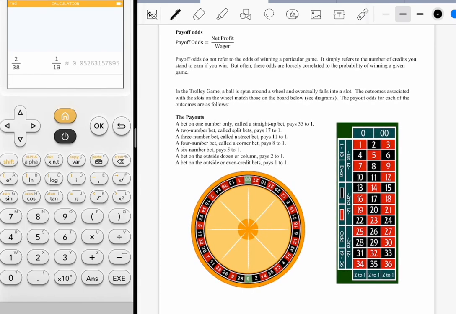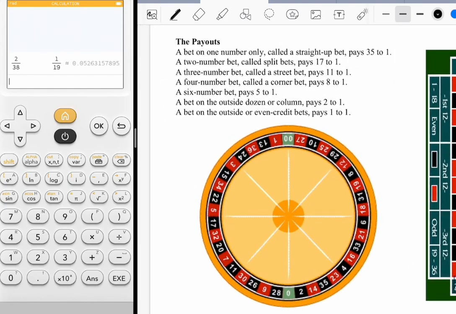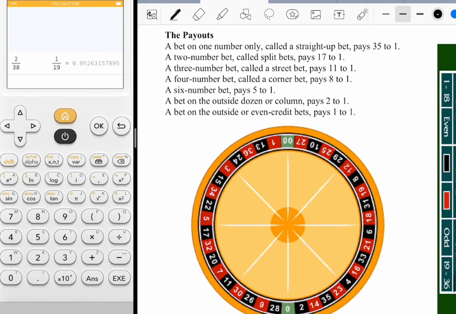But we want to be thinking about, if I'm going to place a wager in the game of roulette, there's a few different ways that I could do it. Let's say in that video I just showed you, that was my wager. I just put $100 down on 2, because 2 is black.